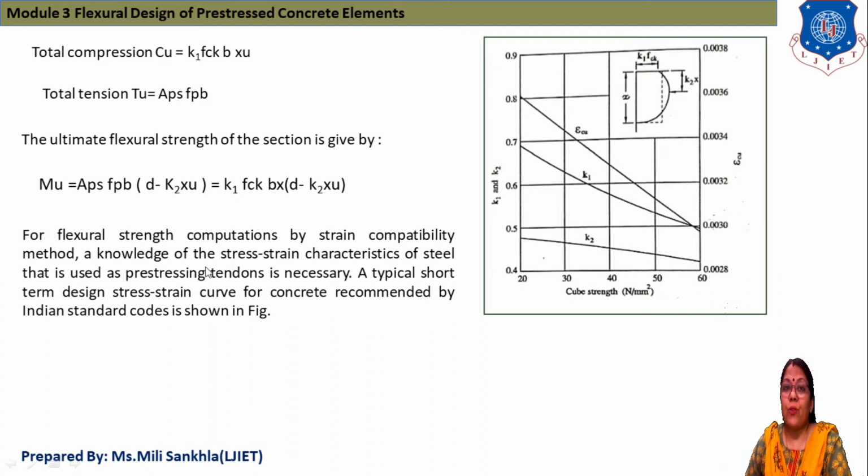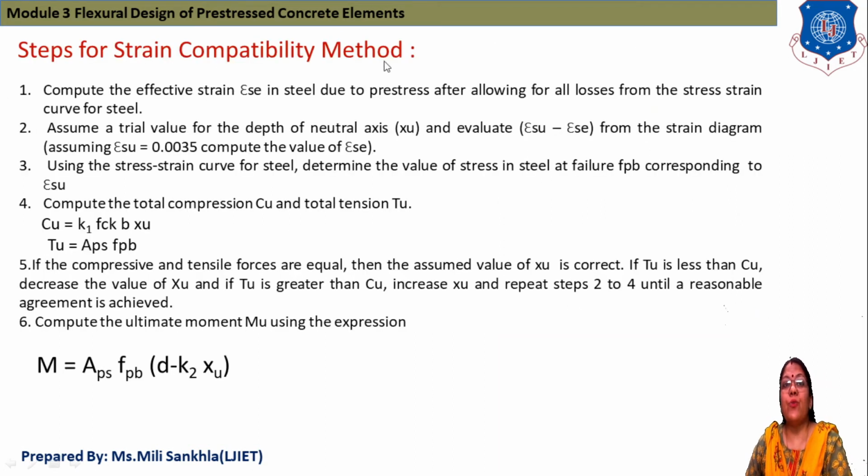For the flexure strength computation by the strain compatibility method, knowledge of the stress strain characteristics of the steel used as prestressing tendon is necessary. Now steps for the strain compatibility method. First we compute the effective strain epsilon SE in steel due to prestress after allowing for all losses from the stress strain curve for steel.